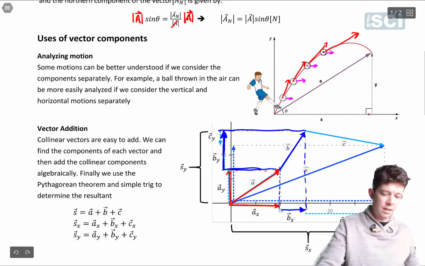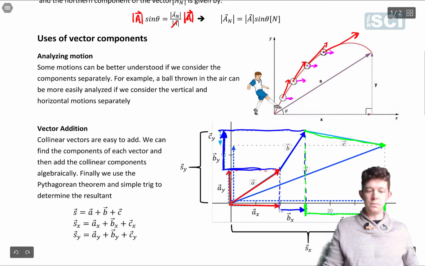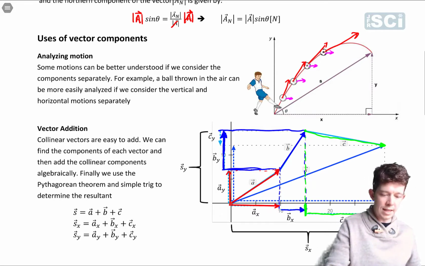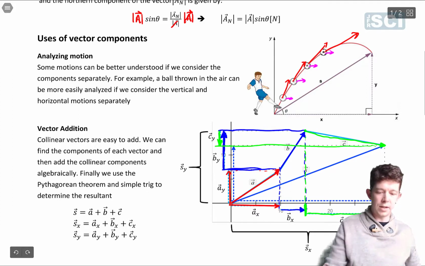And then C moves from this location to this location. So I have a length in the X direction that goes from here to here, and that's what we call CX. And it goes from this height at the very top to this height in the Y direction.